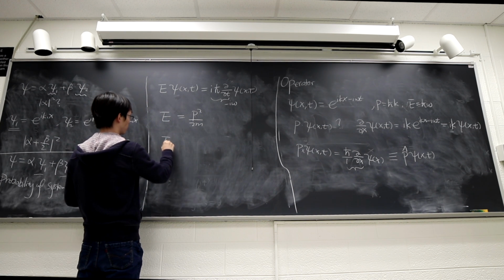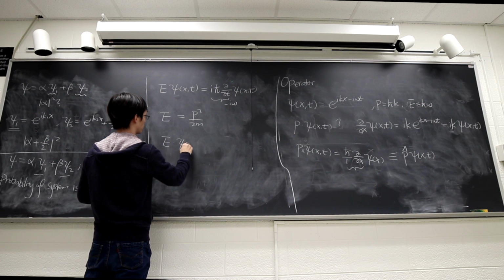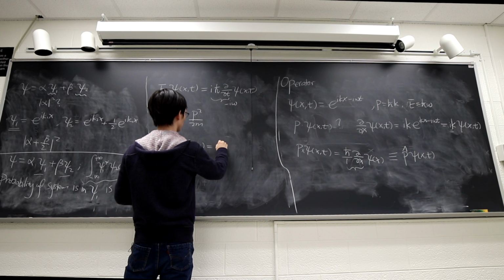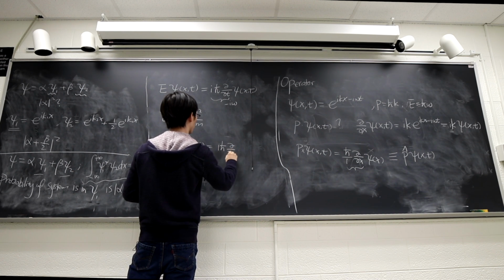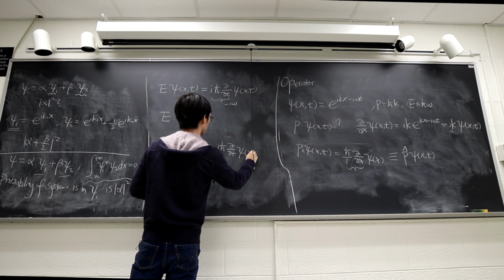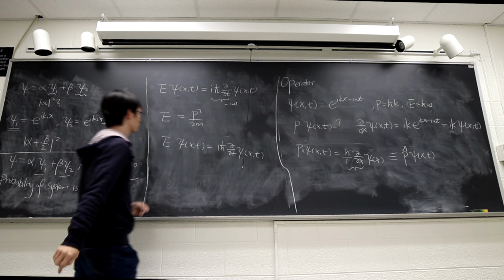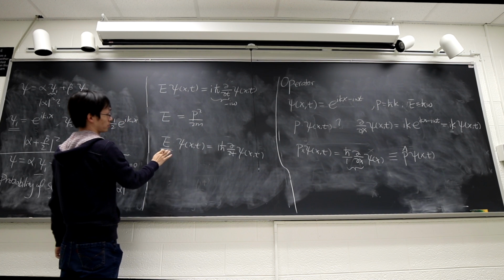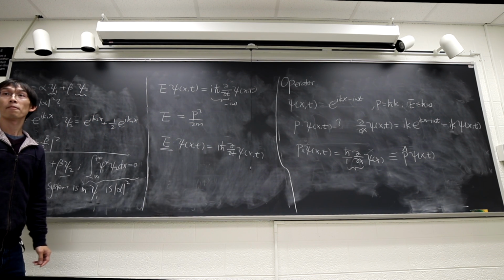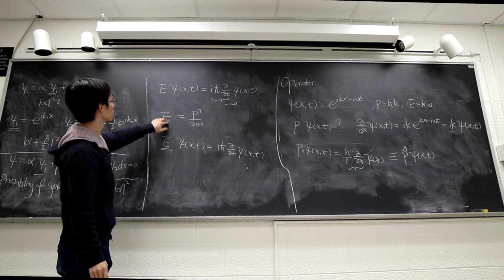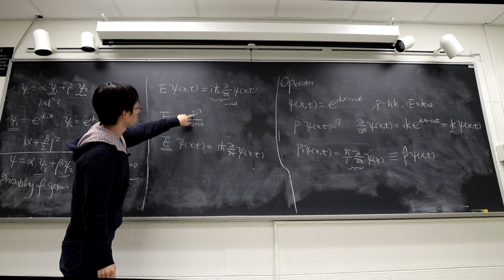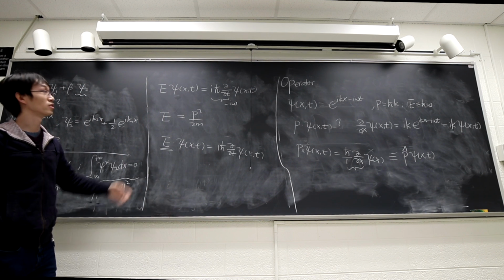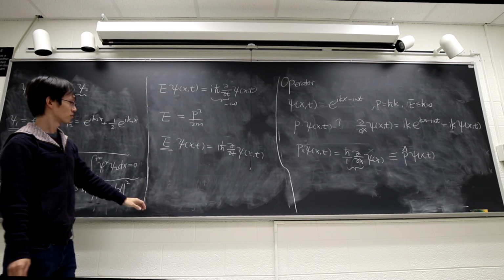What if I just let, you already see here, okay? I substitute this into here, right? I substitute the energy equals p squared divided by 2m. I simply use what the energy is in this equation.